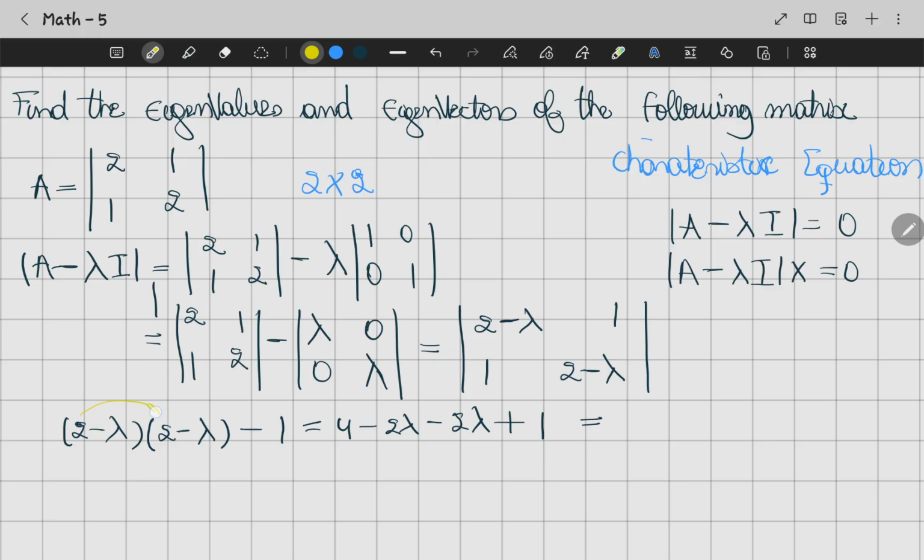If you multiply this one, which will give you 4, negative 2, negative 2 and then squared. So there's one thing missing. It's going to be negative, positive, squared. And then negative 1 here.